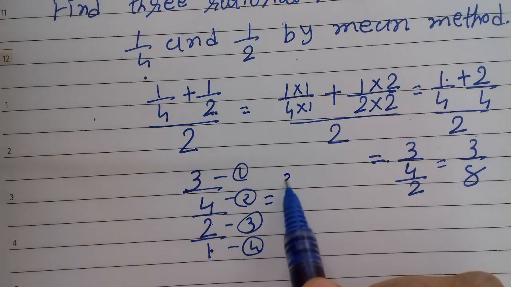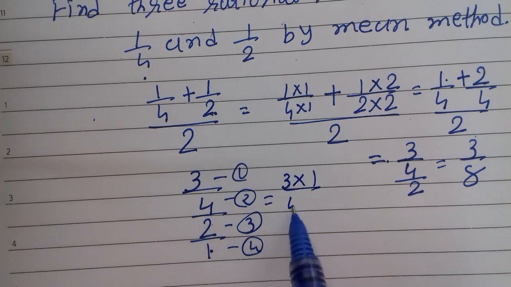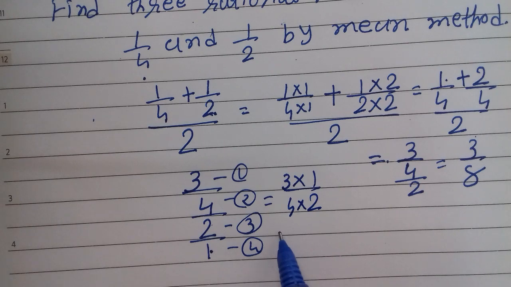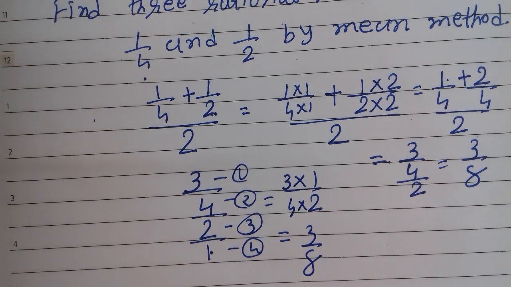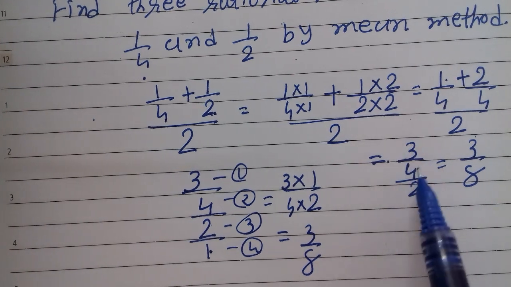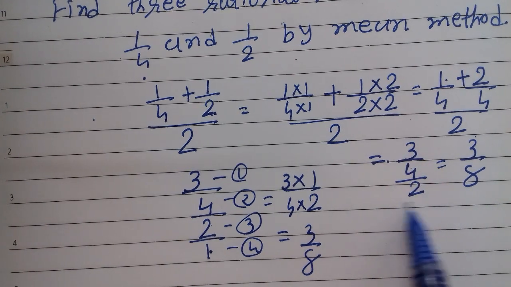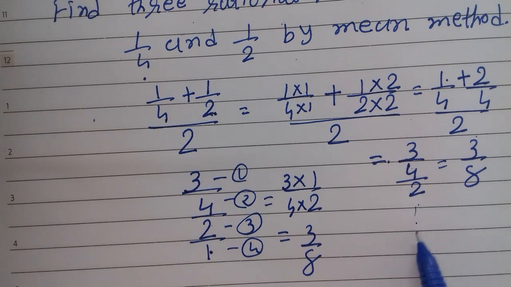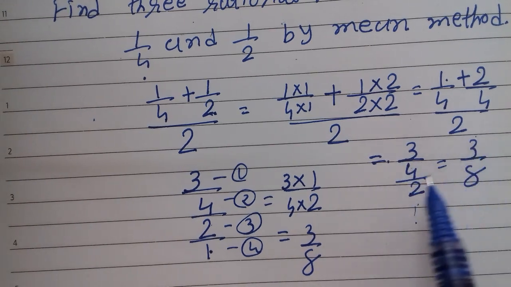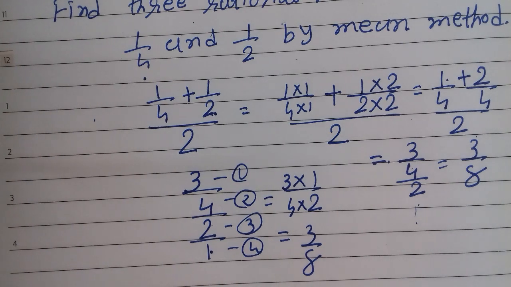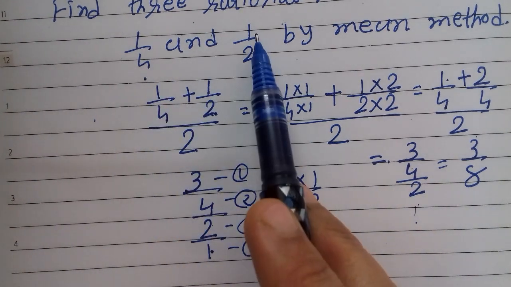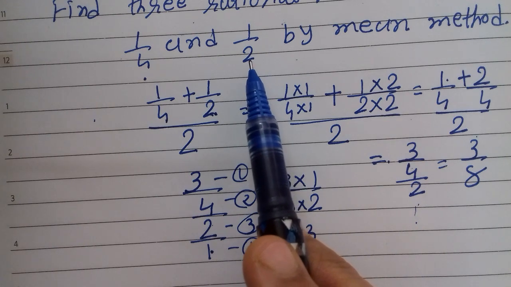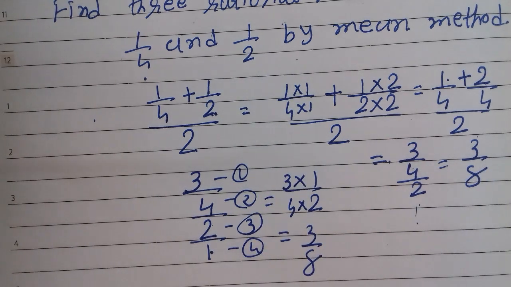So 3 multiplied by 1, and 4 multiplied by 2, is equal to 3/8. So we get the mean of 1/4 and 1/2 is 3/8.